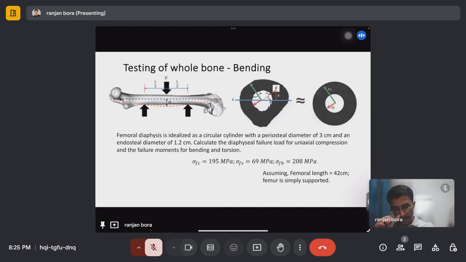Calculate the diaphyseal failure load for uniaxial compression and the failure moments for bending and torsion. So these are given to us.